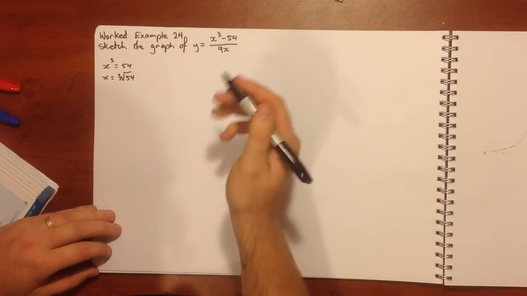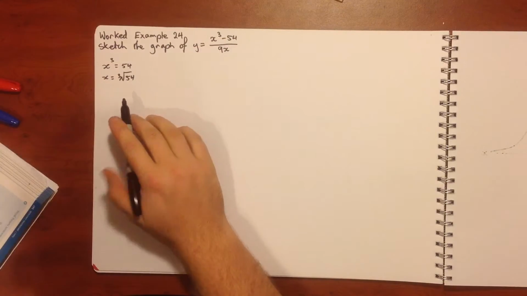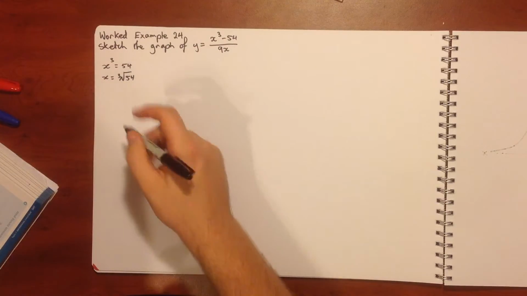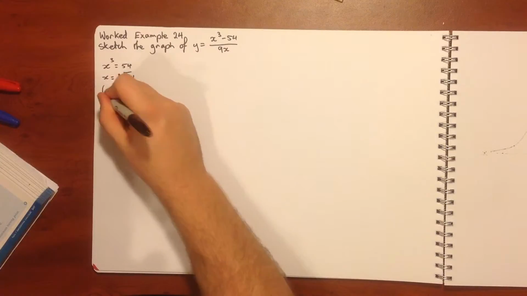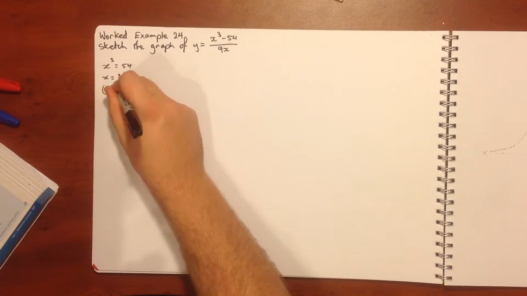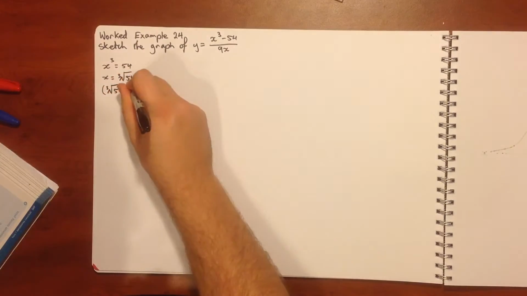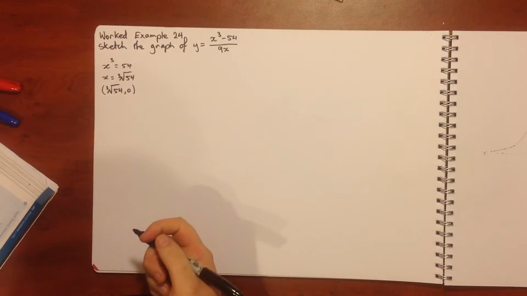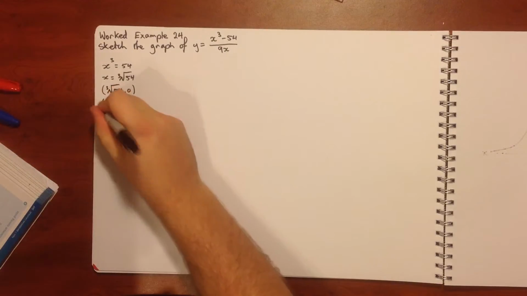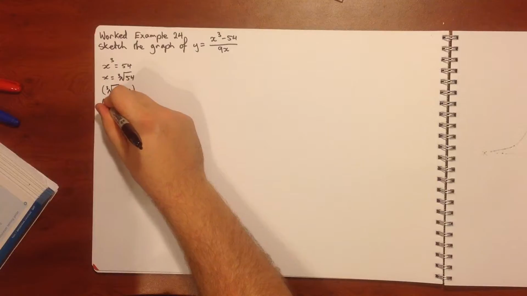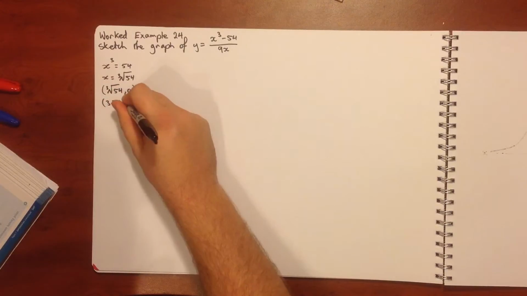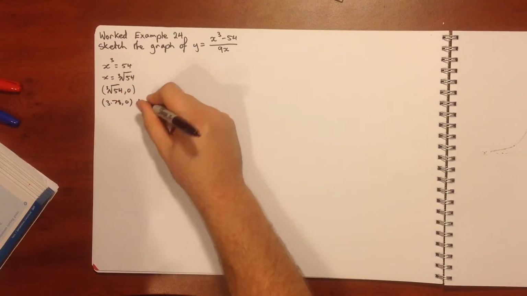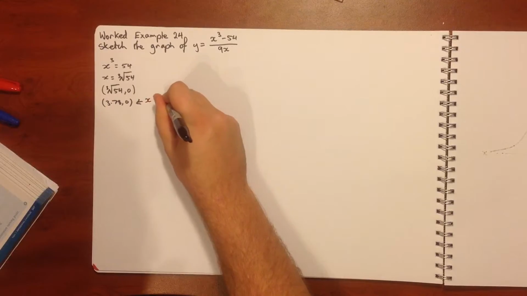Really we're saying that the graph crosses there, so we've got an x-intercept of cube root of 54, 0. That's not that convenient to say, so we'll say it's 3.780. That's our x-intercept.